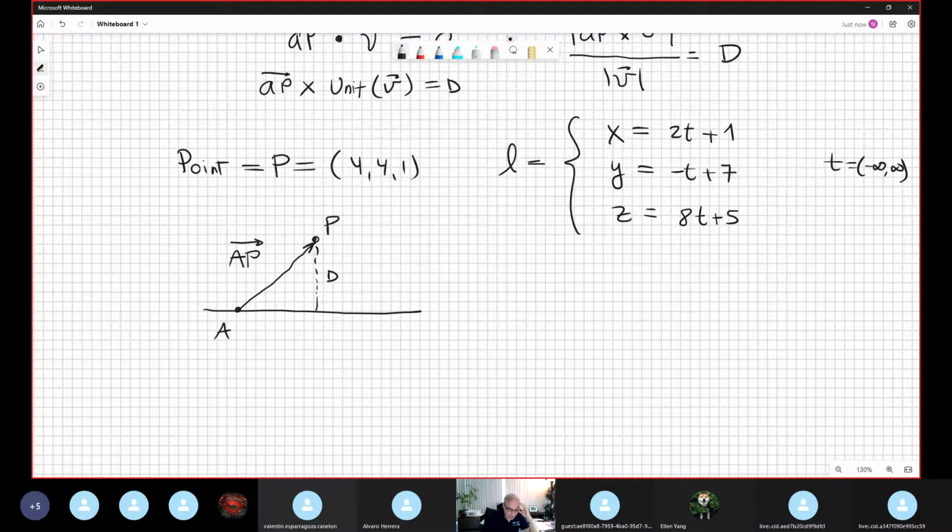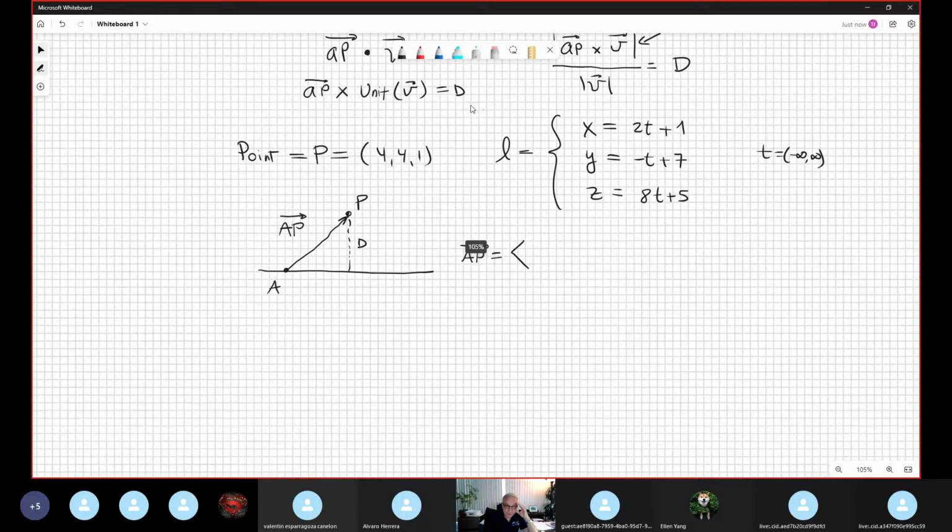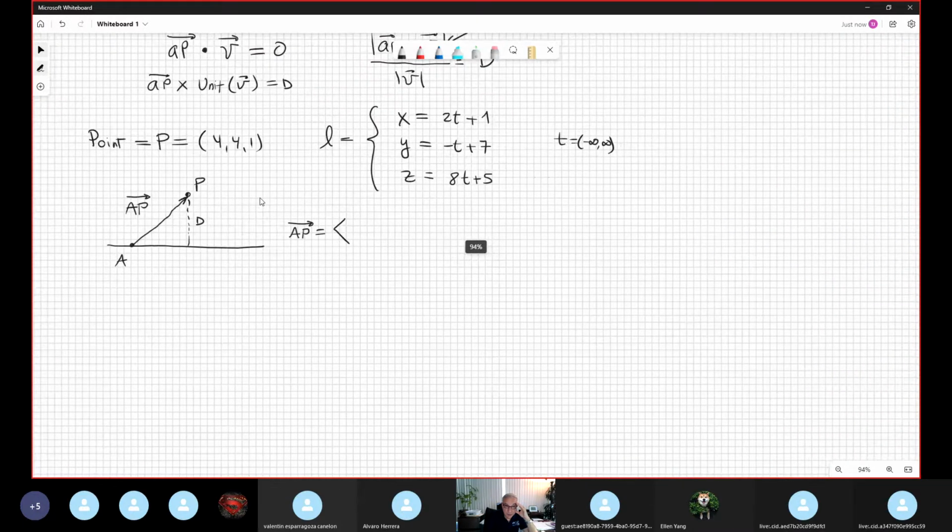So now, how do you find that? Well, I suppose that the point A, which is defined by this parametric equation, has one associated position vector, which is the position vector made by these coordinates. So see, I want to find the AP vector. You are subtracting. Let me do the arithmetic part here.